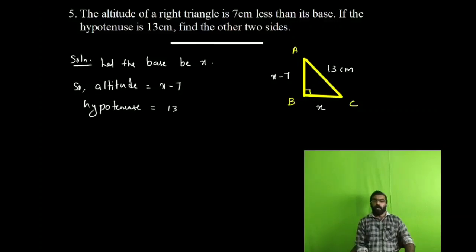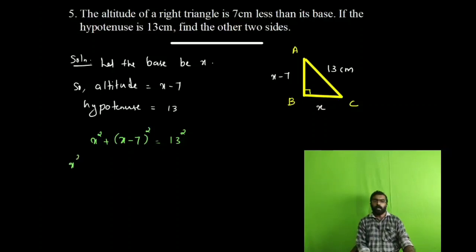And we know the property Pythagoras theorem. Square of the hypotenuse is equal to the sum of the squares of other two sides. Hypotenuse square is equal to base square plus altitude square. So what we can write here is x square plus x minus 7 the whole square is equal to 13 square. Base square plus altitude square is equal to hypotenuse square.